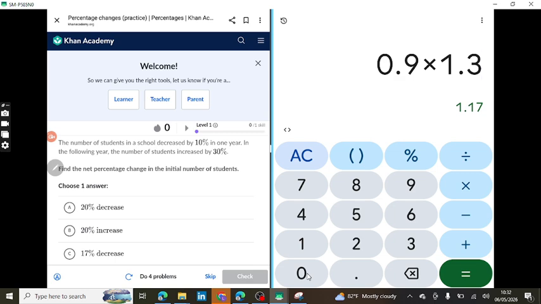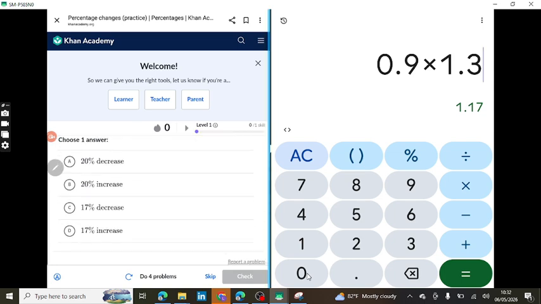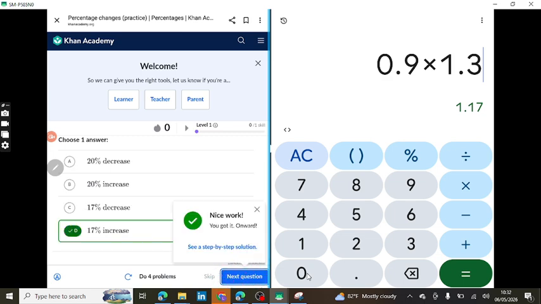Even now, we have not yet seen 17% increase among these answers, so we know these answers here are not correct. Let's scroll down more. You see a 17% increase. So we can say this with certainty. Let's select it and check. And we are correct. We move to the next question.